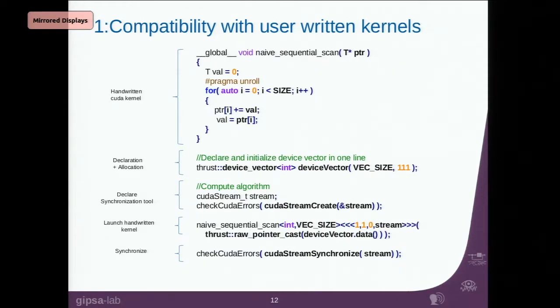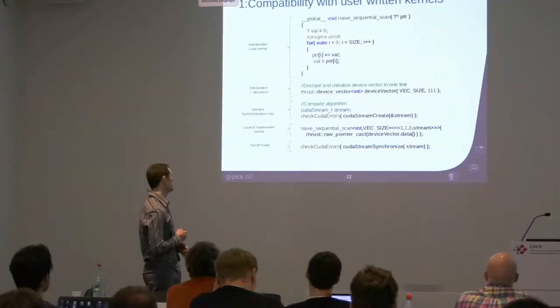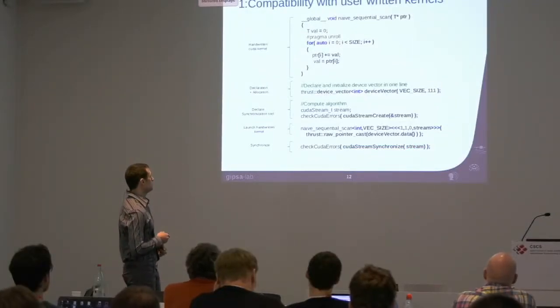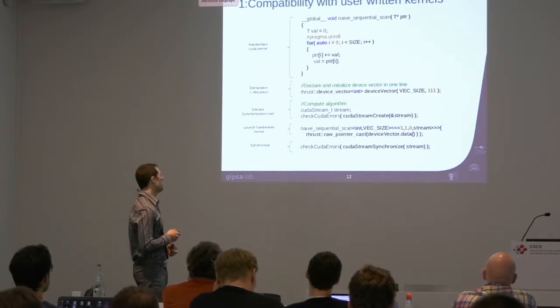Okay, the other way now. Imagine that you have your unwritten kernel here that you want to keep, but you want to simplify the memory management using Thrust. So you have here your unwritten kernel. It's a very naive sequential scan on the device. So you allocate your device_vector from Thrust.